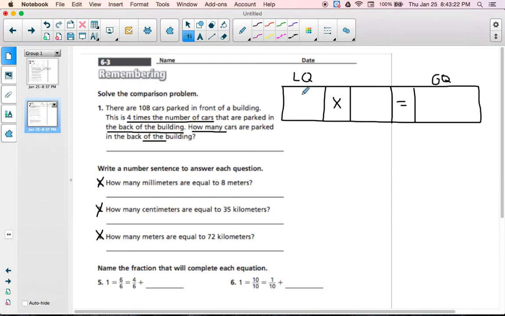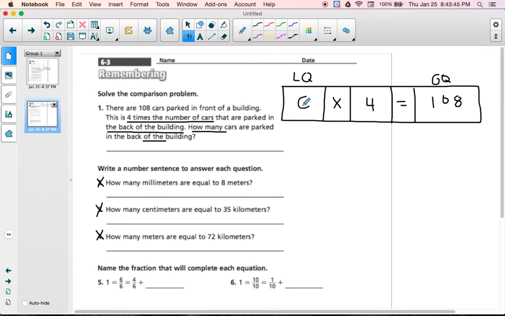We know that this number that's parked in the back is a smaller number than the number that's parked in the front. So remember our greater quantity, lesser quantity table? We know there's 108. We know that that is 4 times the amount that's parked in the back.